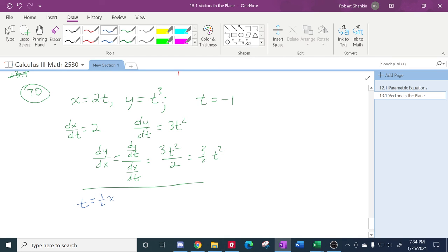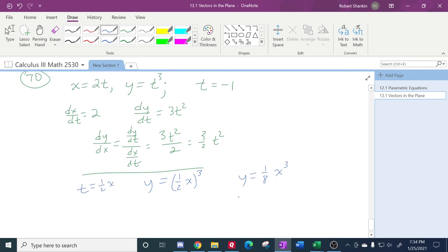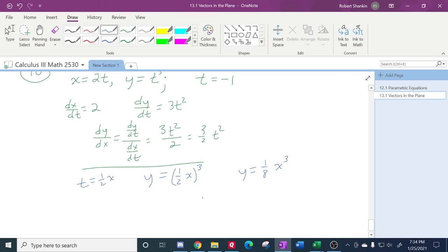Now substitute that into the other equation. y equals (1/2 x) cubed. So this is the same as y equals 1/8 x cubed. And then if I did dy/dx, I'm going to get 3/8 x squared.